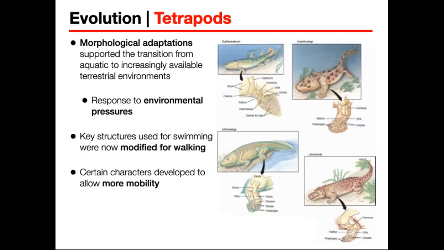So very striking yung similarity. And it is believed na these morphological adaptations supported daw yung transition of life from the aquatic to the terrestrial environment. Okay? And this is in response to environmental pressure, no?